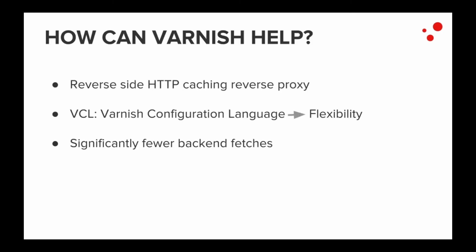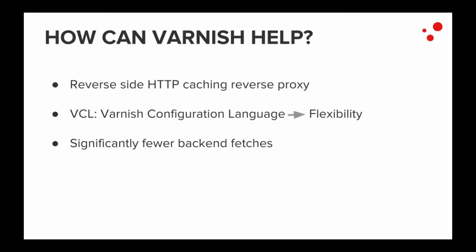Usually, when we talk about Varnish Plus or Varnish, we describe it as a reverse HTTP caching proxy, and we want to highlight that it has a programming language called VCL, which stands for Varnish Configuration Language, and you can use it to define your own caching policies.